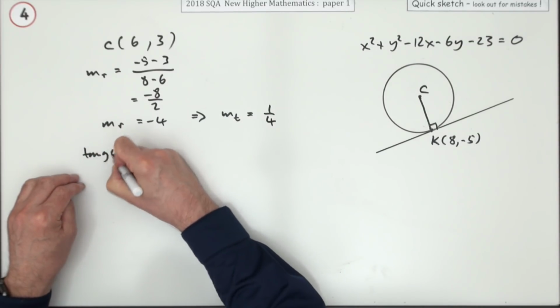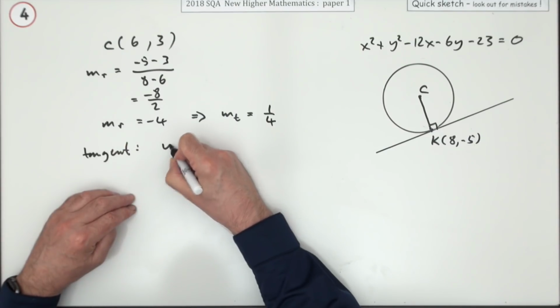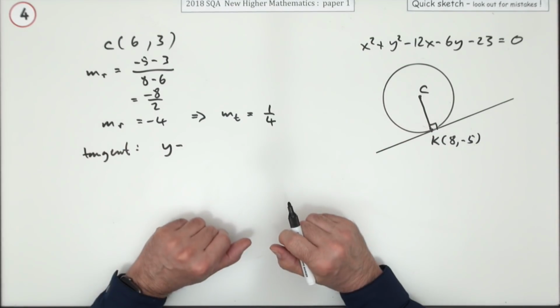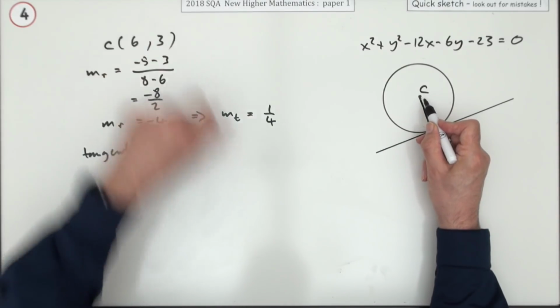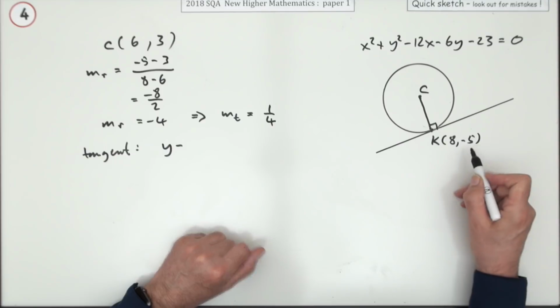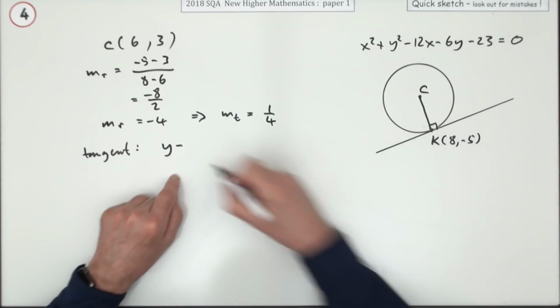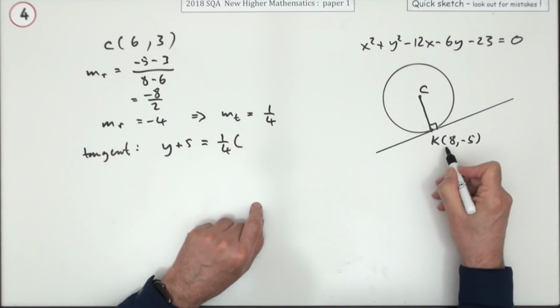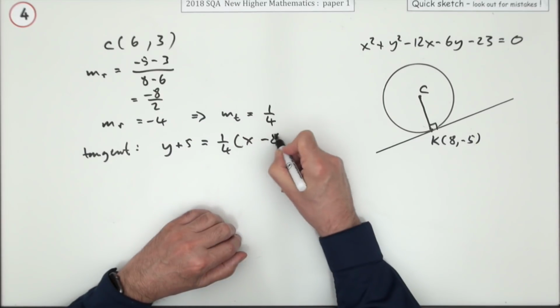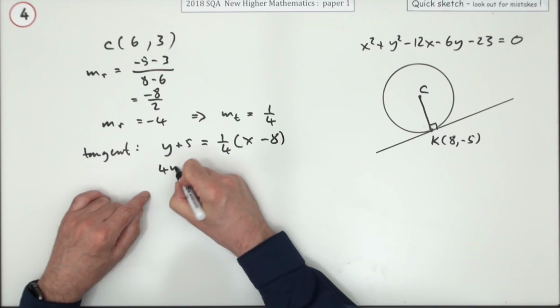So for the equation of the tangent, you're just going to use the y minus, I'm just going to rattle straight in with it, y minus the y coordinate, not of C, because that's not on the line, only of K. Y minus the y coordinate, take away a negative, that's plus. Is the gradient, which is a quarter of x minus the x coordinate. Pop that over.